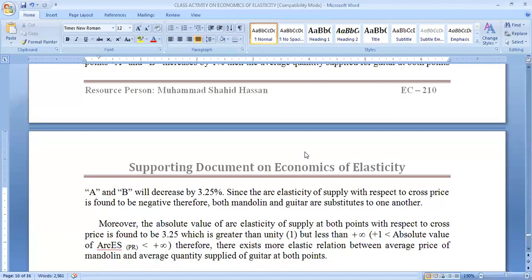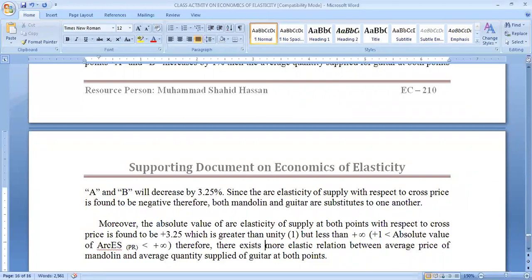Moreover, the absolute value of arc elasticity of supply at both points with respect to cross price is found to be 3.25. Since we have taken an absolute value, the negative 3.25 has become positive 3.25, which is greater than unity but less than plus infinity. Therefore there prevails a more elastic relation between average price of mandolin and average quantity supplied of guitar at both points.